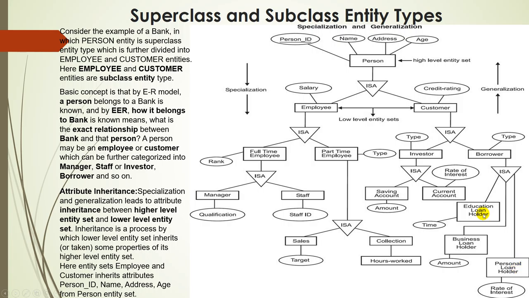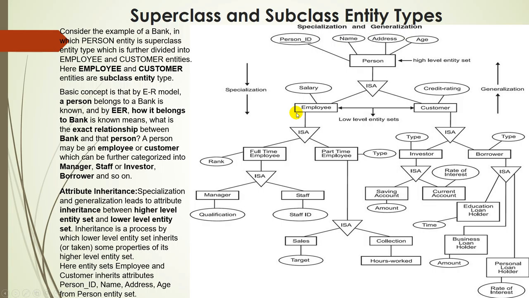Education loan has one, two, and four, six fields come from here, plus a field named time. Business loan also has a special field: amount, including six fields from the parents, and so on.